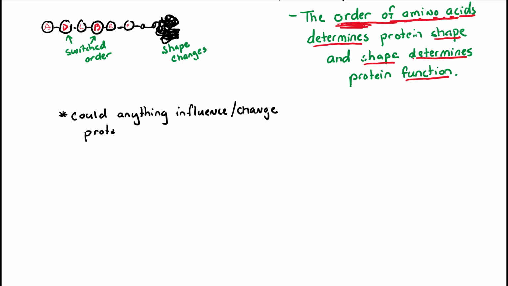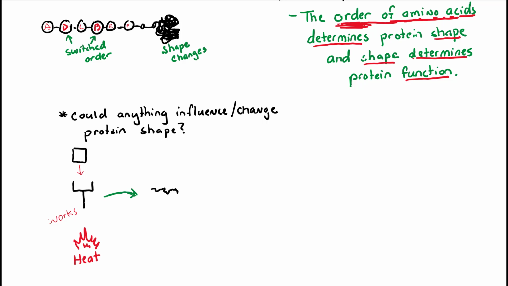Could anything influence the shape of a protein or change it? Let's take a look. Let's draw a cell receptor catching a chemical message. Right now, it works perfectly. But if you apply, say, heat to this protein, something drastic will happen. The receptor does not look the same.